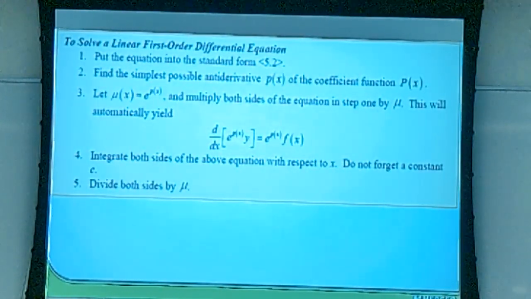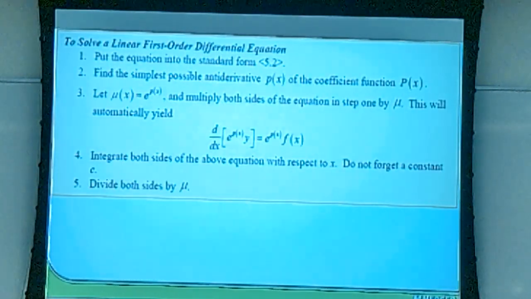Then you find your simple antiderivative of p of x. We'll call that simple antiderivative little p of x. Your integrating factor, mu, is e to the little p. Multiply through by mu.